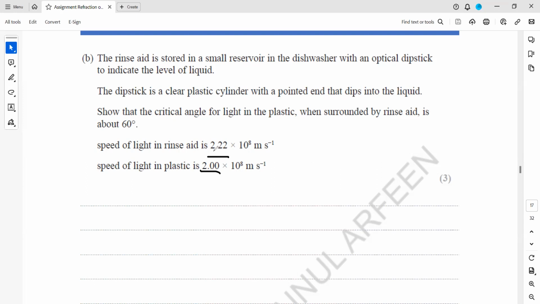So the speed of light in the plastic is much smaller, which means the plastic has a higher refractive index than the rinse aid. So whenever a critical angle is there, it is moving from denser to rarer. Because for the critical angle, when light travels from denser to rarer, it will bend away from the normal and the angle of refraction will be 90 degrees. So in this case, the light is moving from plastic to the rinse aid.